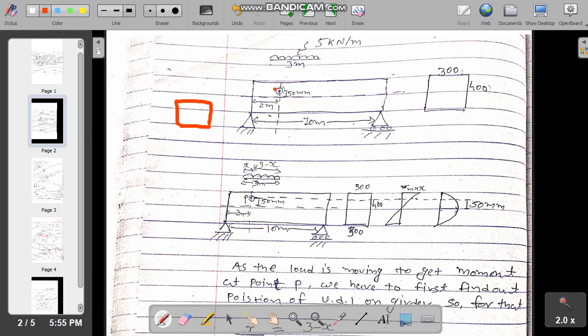So for the compressive stress we can draw like this, and this is our shear stress. So this is our shear stress and the compressive stress.